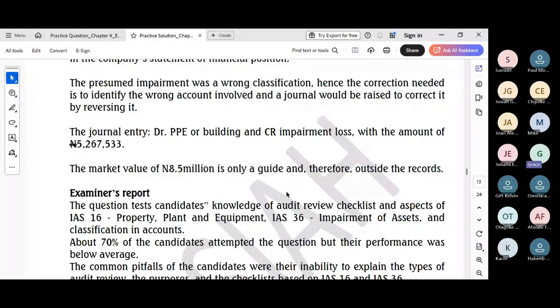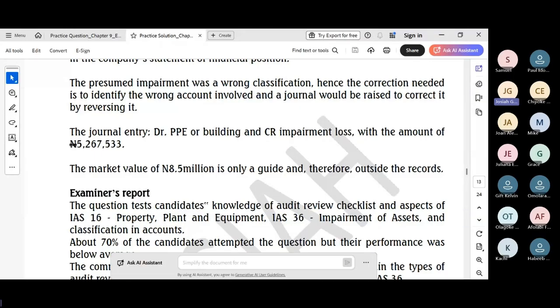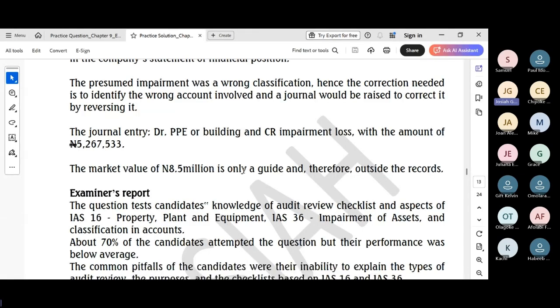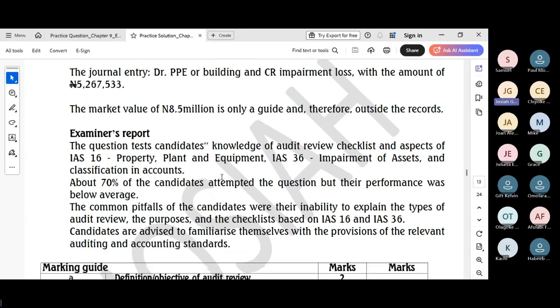That's the right treatment. Very correct. Thank you for that contribution. So you're very correct to say that management should do this, and that's the right entry: debit PPE or building and credit impairment loss. Okay, thank you for that contribution.